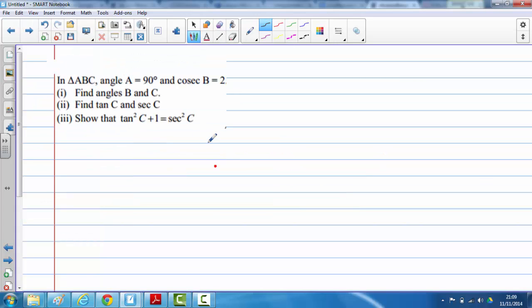So we've got a triangle ABC where A is 90 degrees, cosec B is 2. We're going to find values of B and C. So cosec B implies that the sine of B is going to be a half, since cosec B is 1 over the sine of B, and we're saying this equals 2, so therefore sine B is a half.